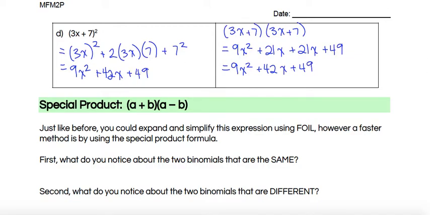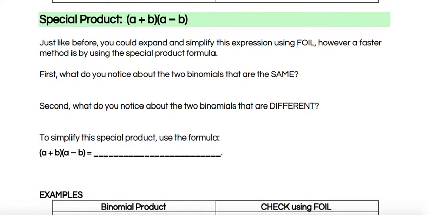And the other special product that we're going to look at is a plus b times a minus b. So just like before, you could expand and simplify this expression using FOIL. However, a faster method is to use the special product formula. And truly, this one is much faster than using FOIL. So first, what do you notice about the two binomials that are the same?